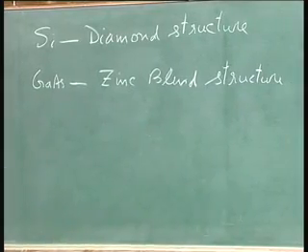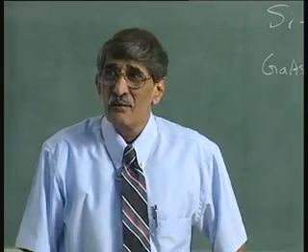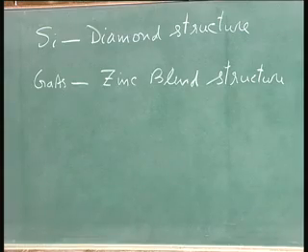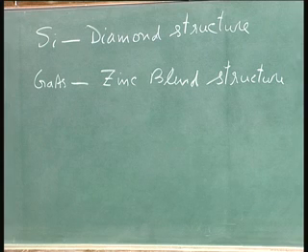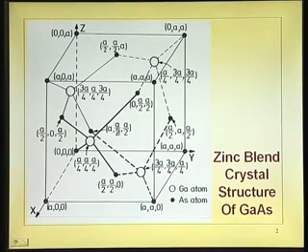Basically, both are the same structure. If all the atoms inside the cube and on the cube edges are silicon, that is diamond structure. In the case of gallium arsenide, you can see this is the zinc blende structure.